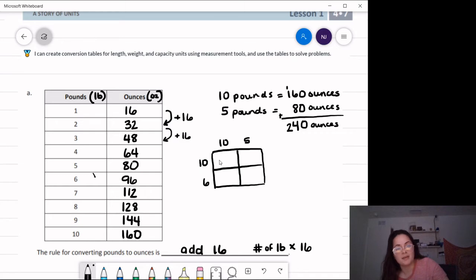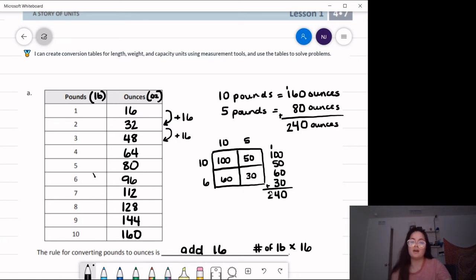So 10 times 10 would be 100. 10 times 5 would be 50. 6 times 10 would be 60. And then 6 times 5 would be 30. And then I would add those all together. So 6 plus 5 is 11, plus 3 more is 14. And as you can see, we would get 240 ounces.